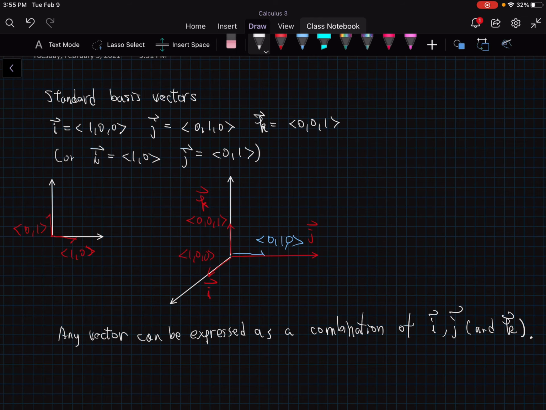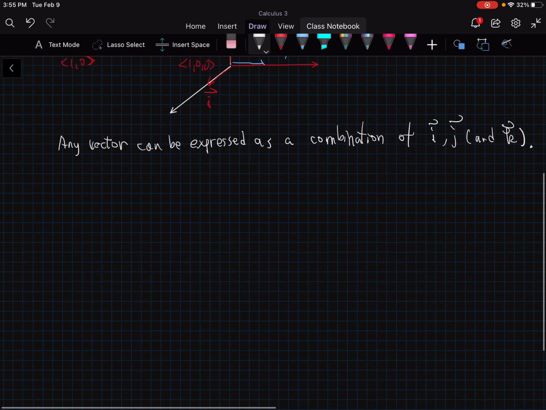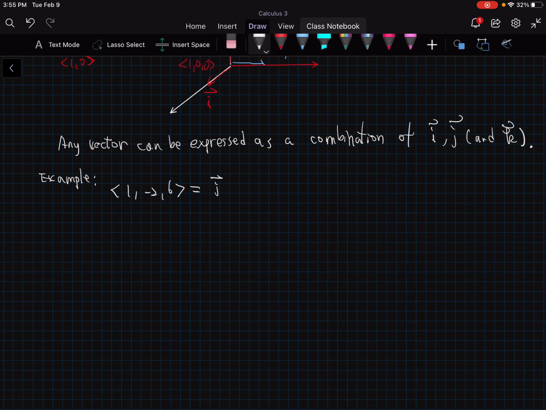All right, let's look at an example. If you have a vector 1, negative 2, and 6, it can be written as I minus 2J, where the 1 is usually abbreviated by writing nothing, plus 6K. So any vector can be expressed in terms of that.